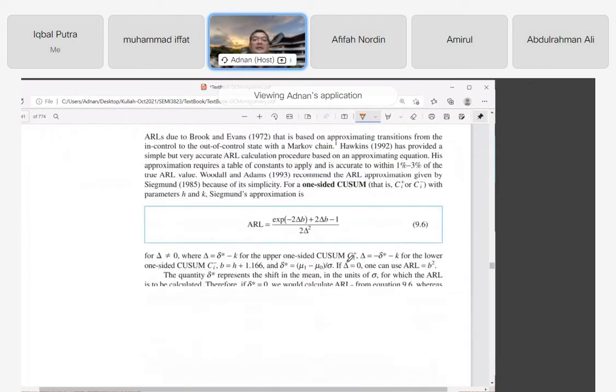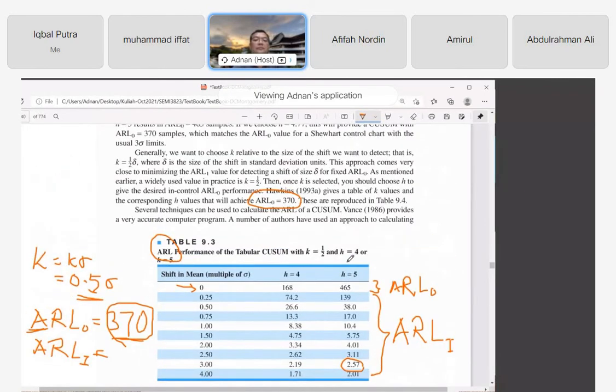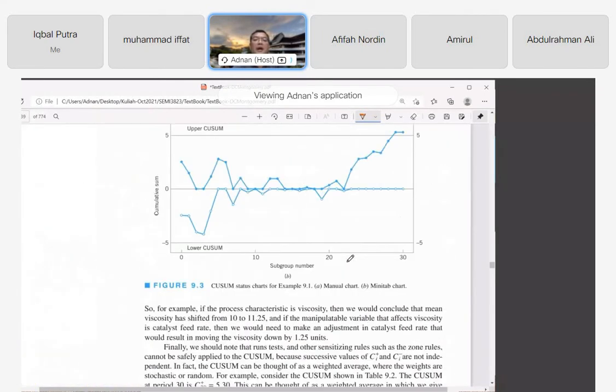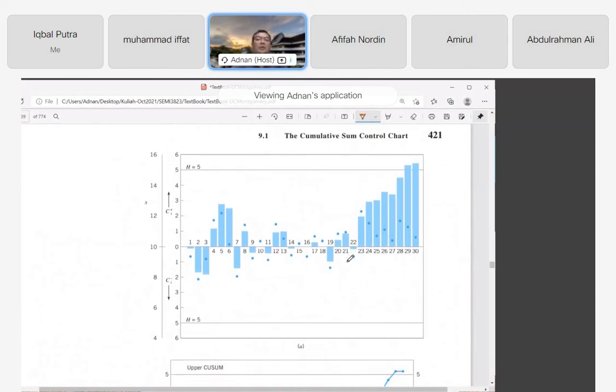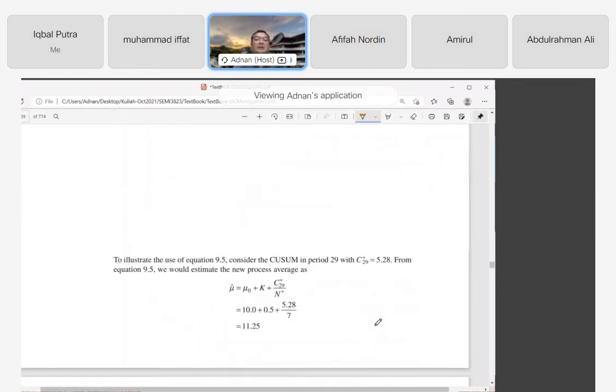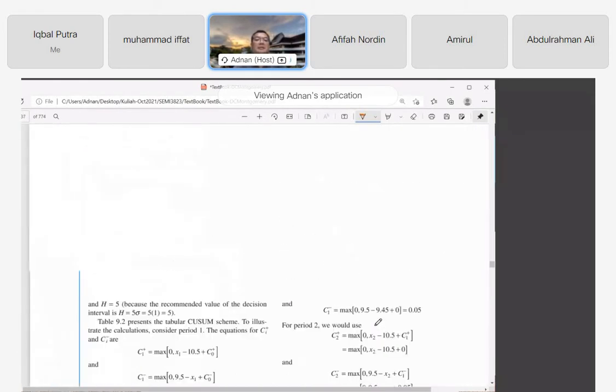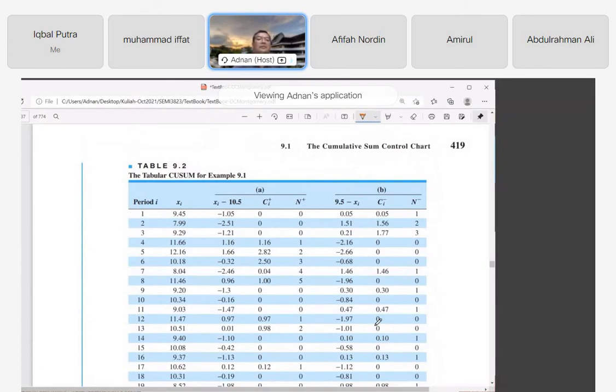Okay, in this example, what is shown here is H equal to 5. Remember this example given earlier, of producing these values, where we have C plus and C minus.